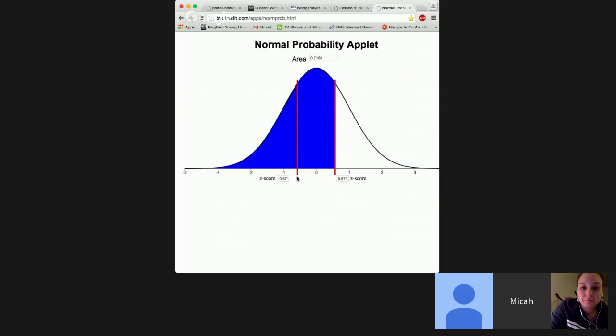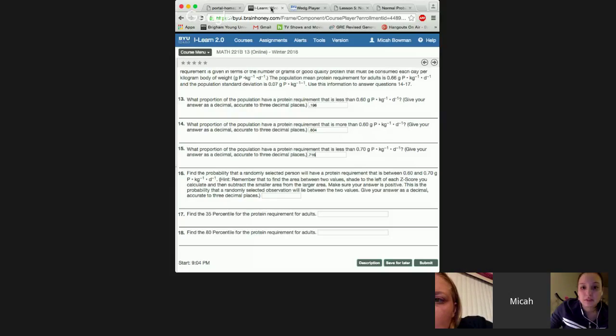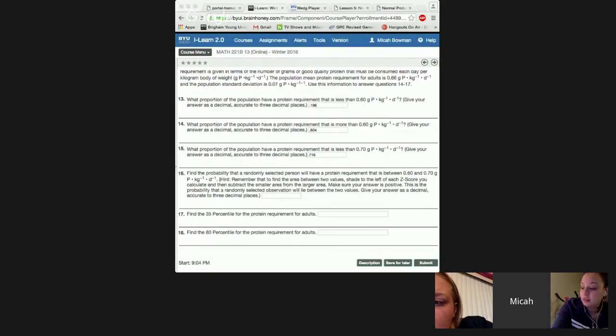I was just going off of the below, so minus. Okay. Yeah. If the z-score had been negative, we would have gone just that. But since the z-score was positive, you have to include this part too. Oh, I see. Yeah. Okay. 0.716.